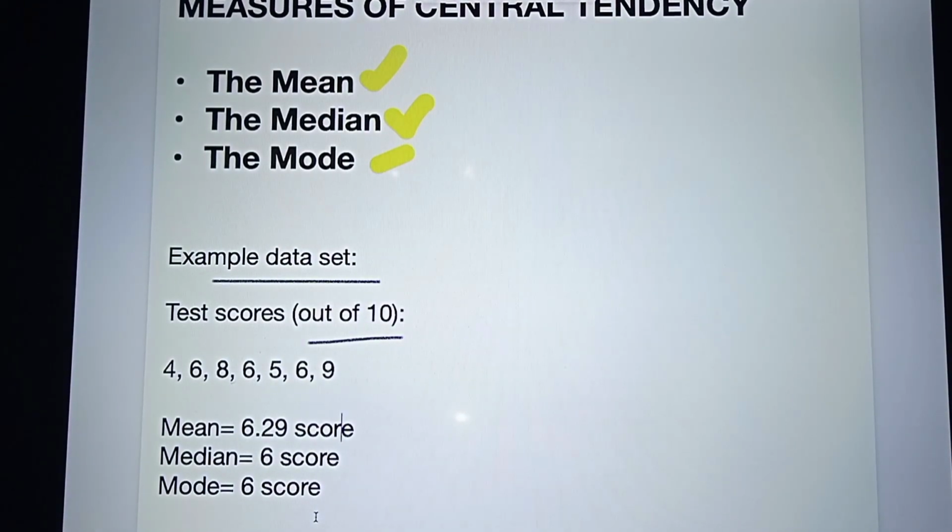Now let's interpret the result. What does this 6.29 score mean? This 6.29 score actually tells us that on average each student in the class scored 6.29 marks out of 10.